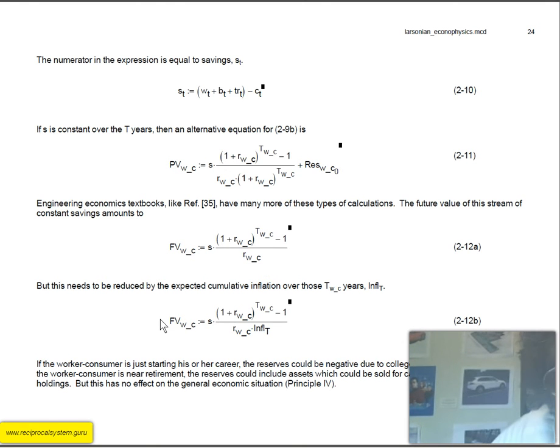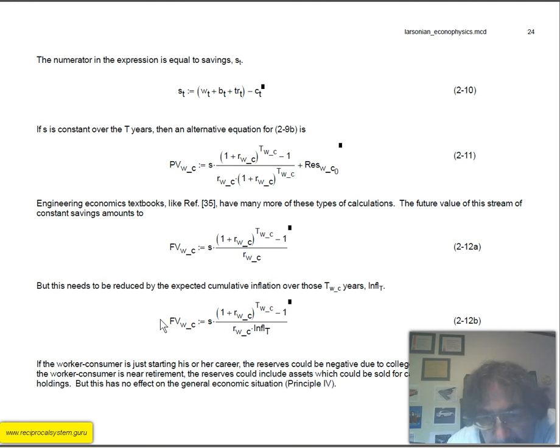The numerator in the expression is equal to the savings, S sub t. So S sub t equals the wages, W sub t, plus investment income, B sub t, plus government transfer, TR sub t, minus the costs, C sub t.